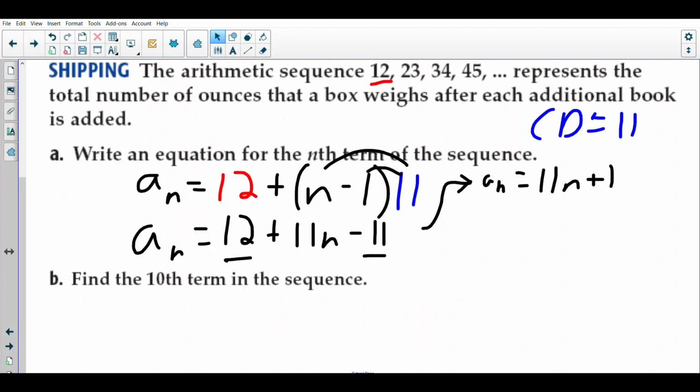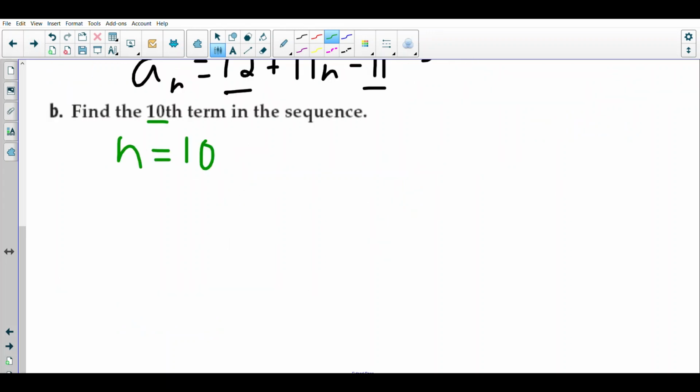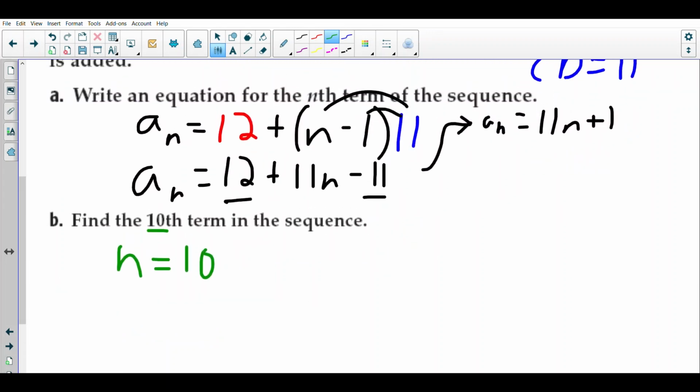All right, so find the 10th term. For our 10th term, we are going to plug in for n. So n is equal to 10. So our 10th term, a sub 10, is equal to 11 times 10 plus 1.